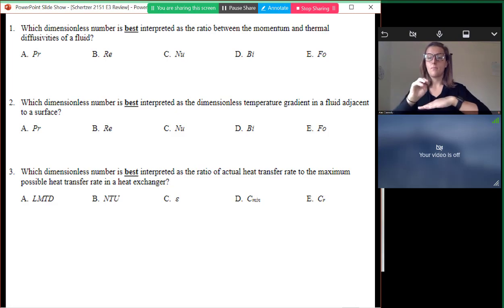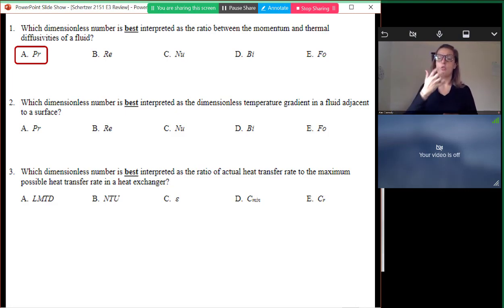The way I usually think about this is in internal flow. When we're looking at the ratio of the entrance length, we use the Prandtl number. The Prandtl number tells us the relative size of the thermal boundary layer versus the relative size of the kinematic or velocity boundary layer. So this first answer is the Prandtl number.